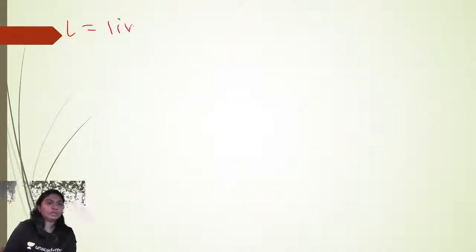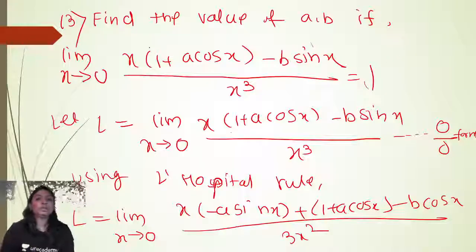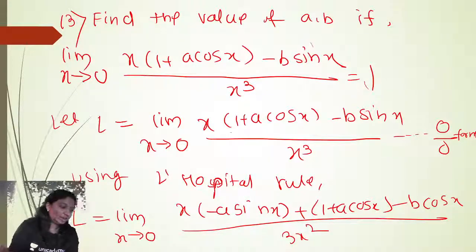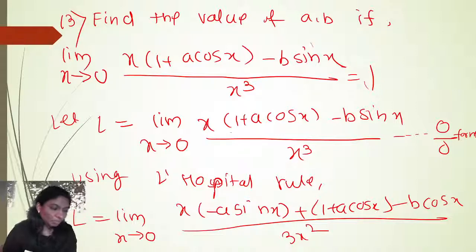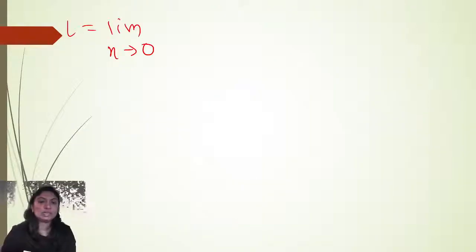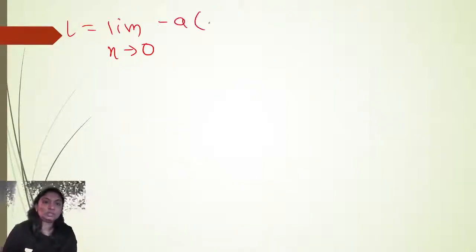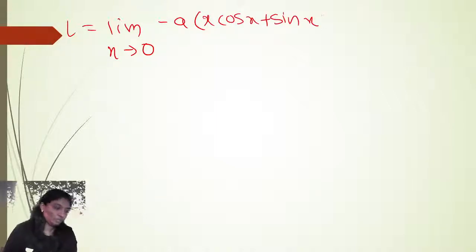L is equal to limit as x tends to 0. Now use the L'Hospital rule. Here first into derivative of second, again you will get minus a into bracket x into sin x. So minus a is constant, x into sin x, first into derivative of second plus second into derivative of first.